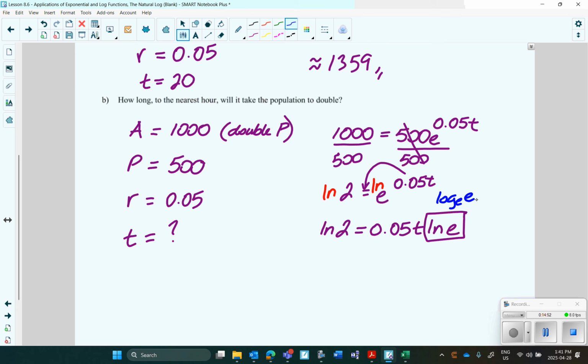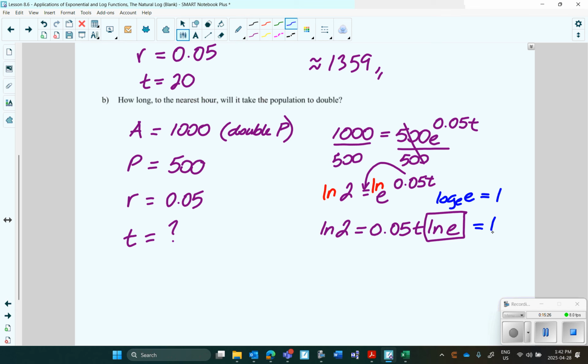Anything to the what is itself? 1. Whenever you have ln e, just remember ln e is always equal to 1.